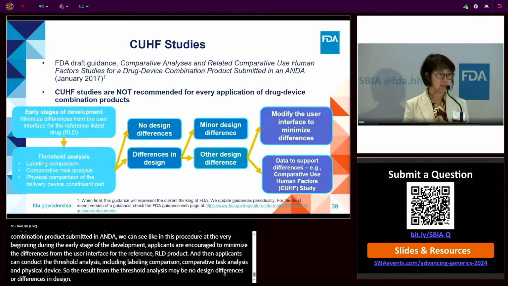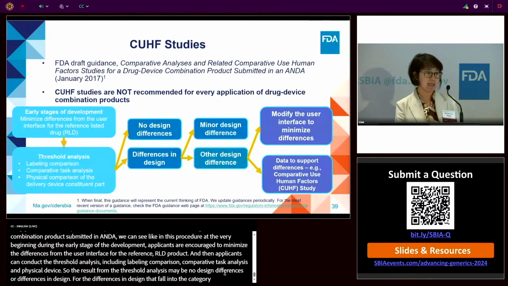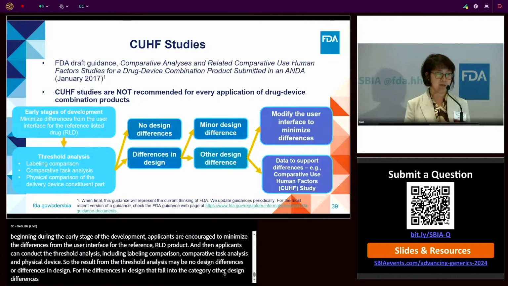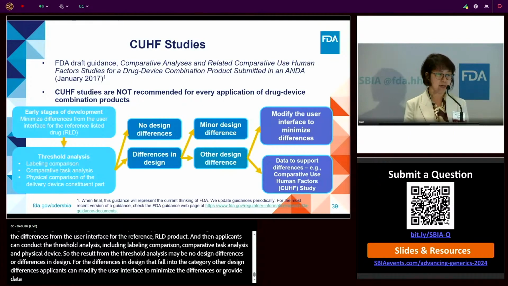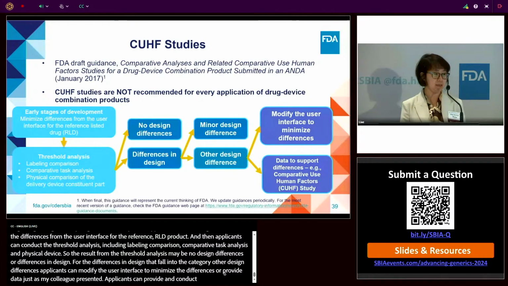For the differences in design, if that falls into the categories of other design differences, applicants can either modify the user interface to minimize the differences or provide data to support the differences, just as my colleague just presented. Applicants can conduct a comparative use human factor study to support the differences.